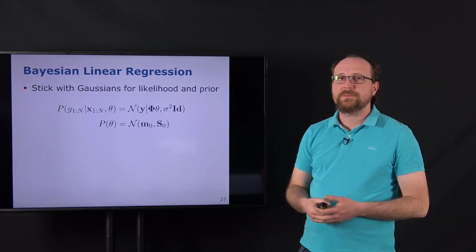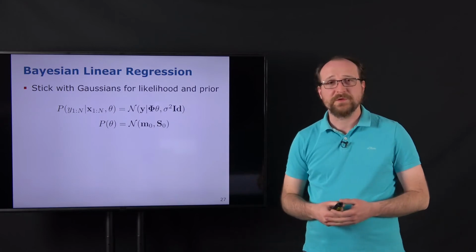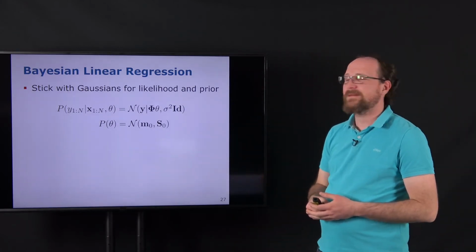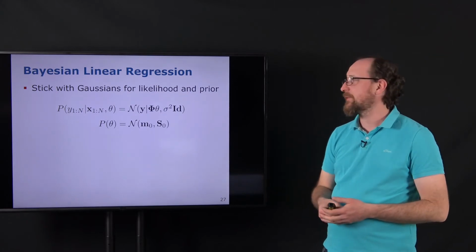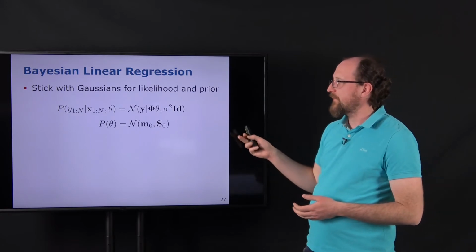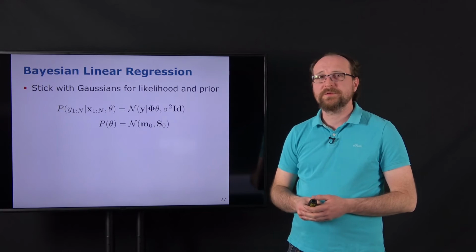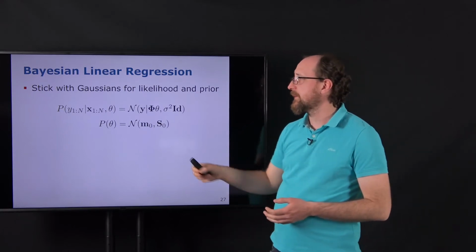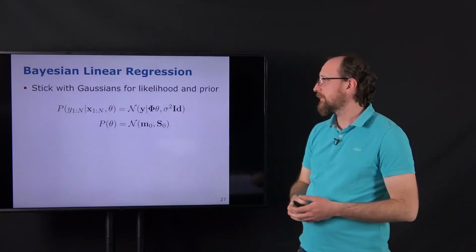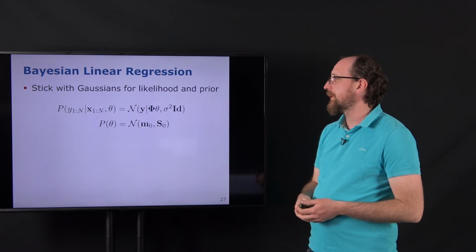When we are now talking about Bayesian linear regression, we can just use the same assumptions that we had before. We keep the multivariate normal distribution and do not rewrite the likelihood as a product of the individual terms, because from the derivation that has some advantages.